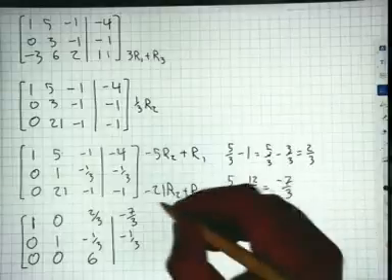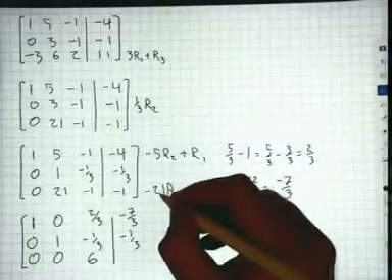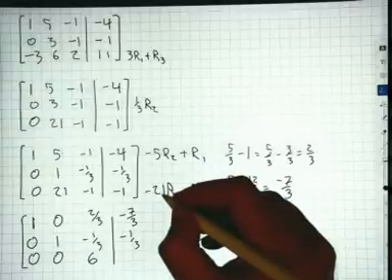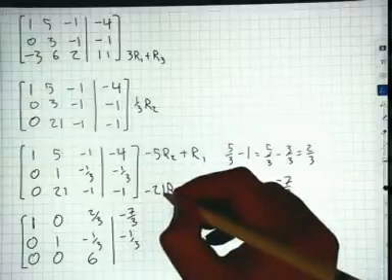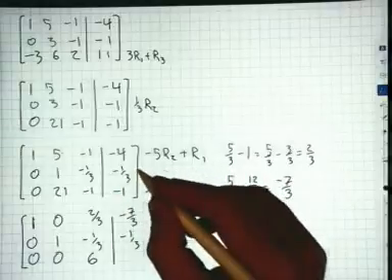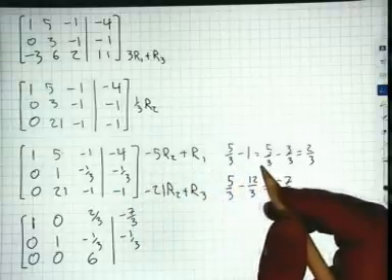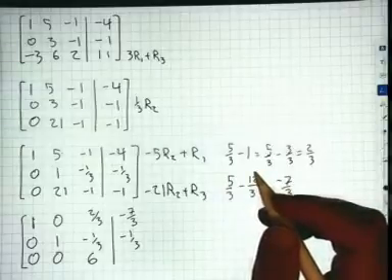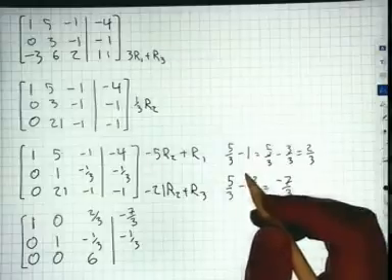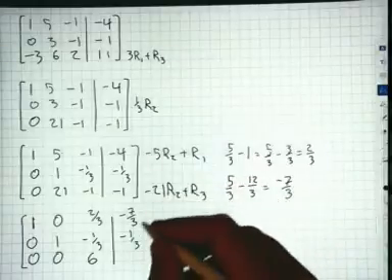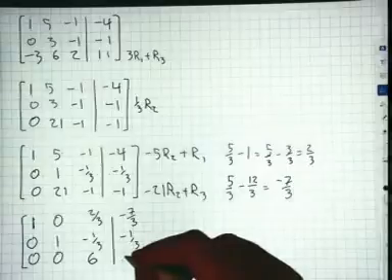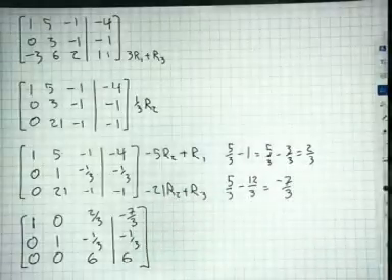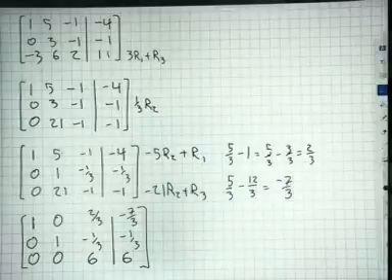And then same thing here. 1/3 of 21 is 7. Negative times a negative is positive. And that means we're going to get a 6 right here also. Alright, still good?